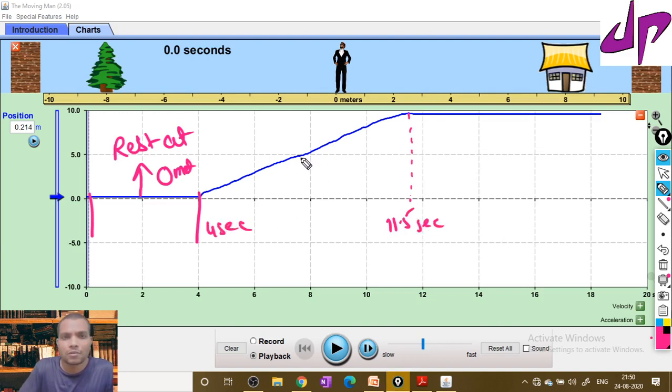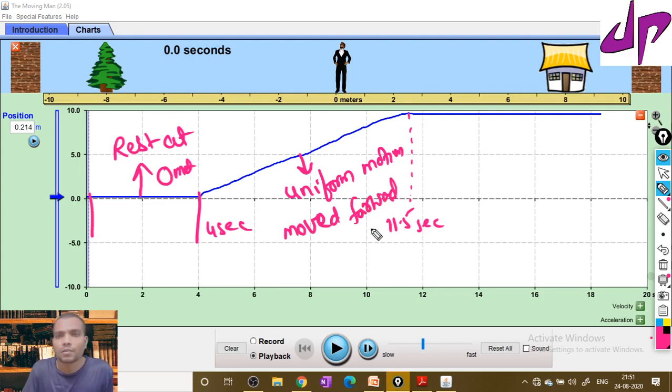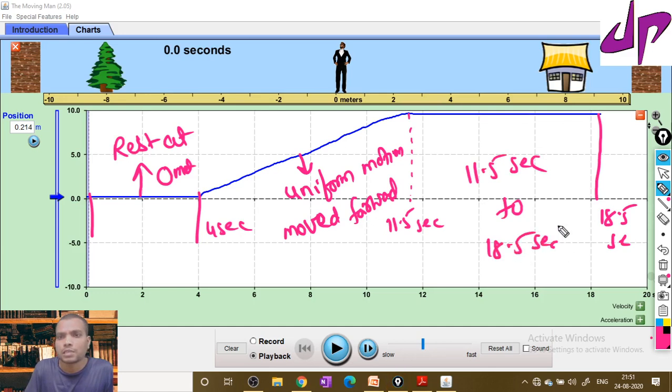From 4 seconds to 11.5 seconds, he is in uniform motion, moving forward. Then from 11.5 seconds to 18.5 seconds, he is again at rest.